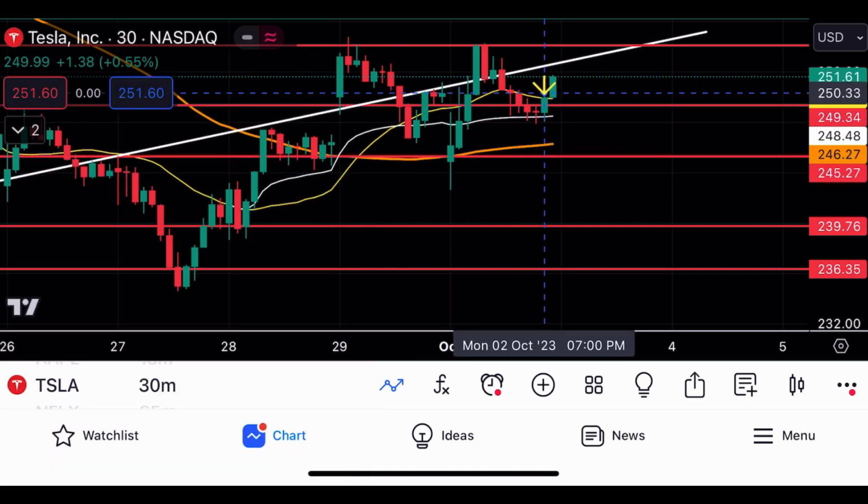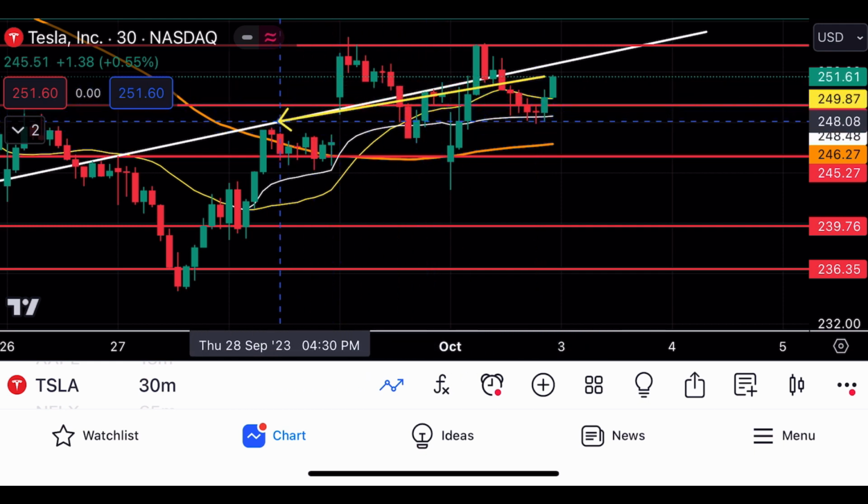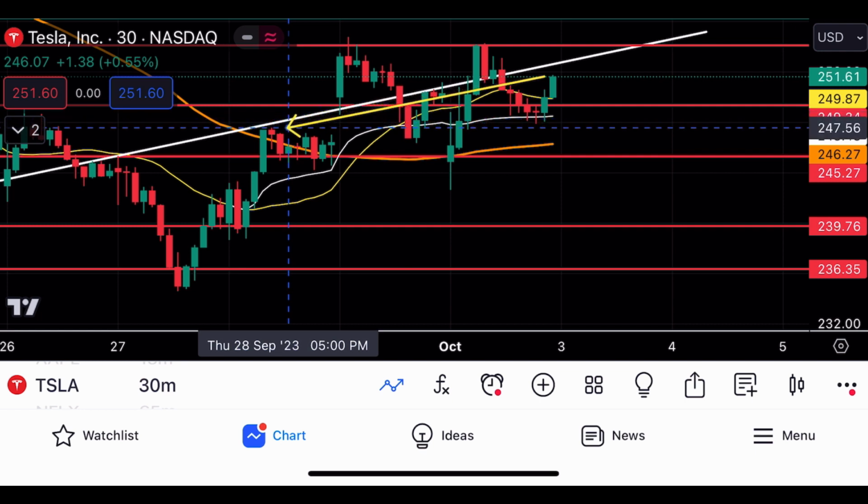To the downside, I want to see us retest the 20-day moving average at 249.87, the AVWAP at 248.48, and then we have our orange line, which is the 5 DMA at 246.27. Keep in mind we could bounce right here because candles bounce off of candles around that 247.50 area.